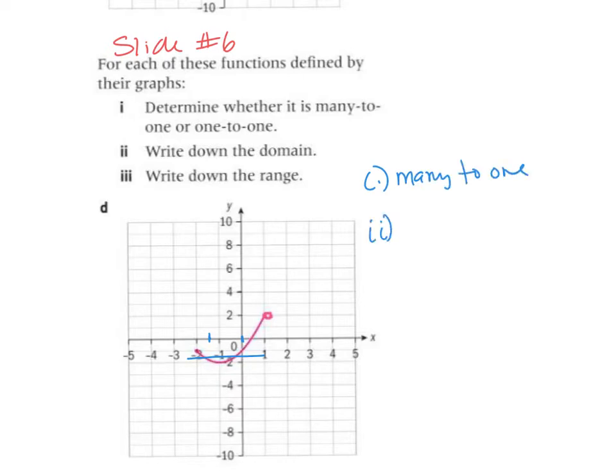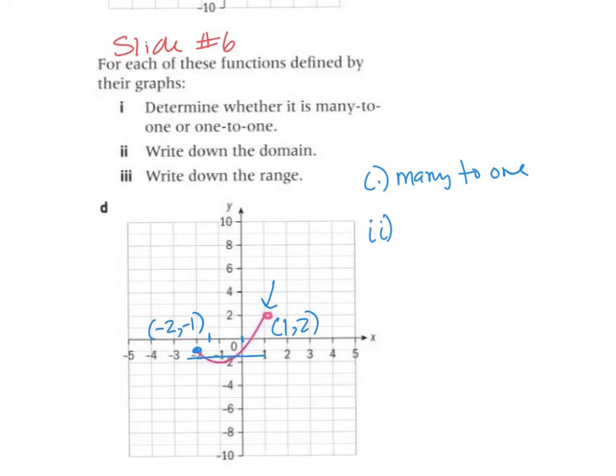II says write down the domain. So it would be helpful to identify this leftmost point. Its coordinates are, I think it's hard to read, -2, -1, and the rightmost point is at 1, 2, but one thing to pay close attention to is that open circle, okay?